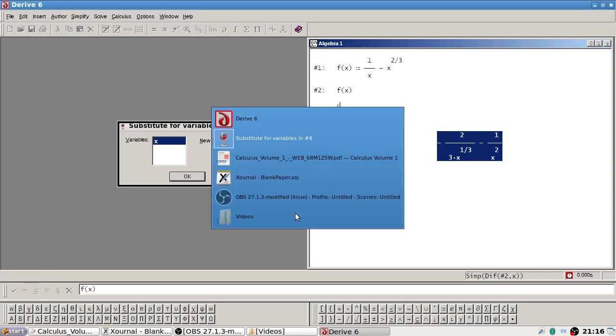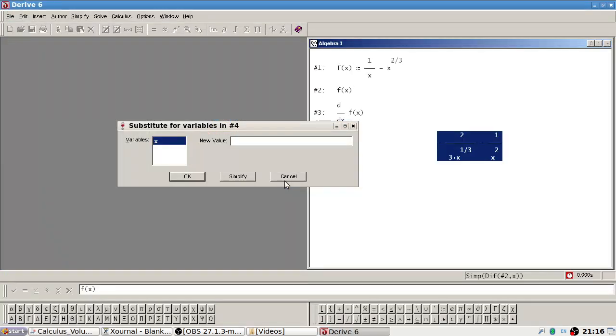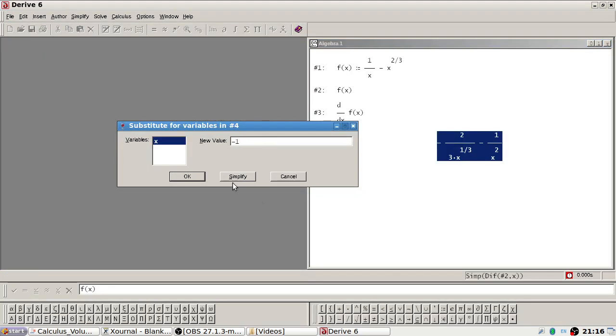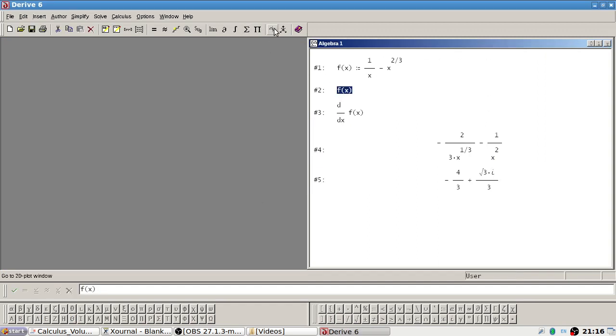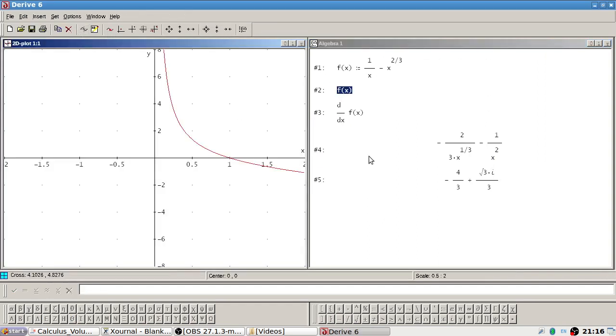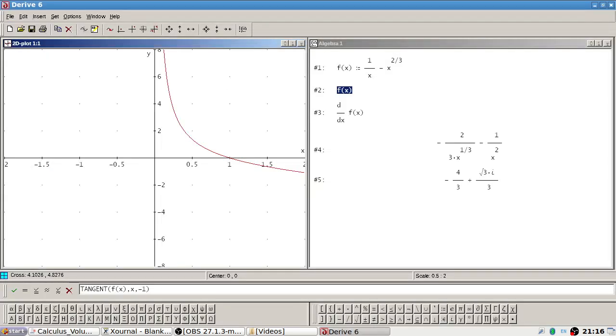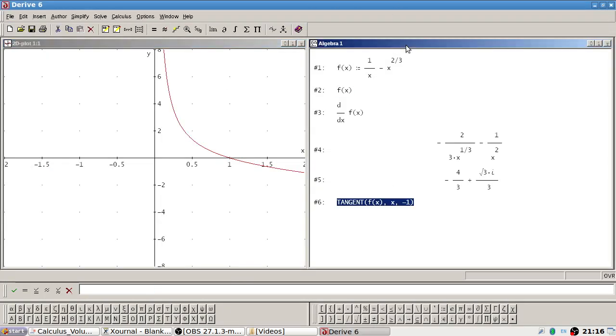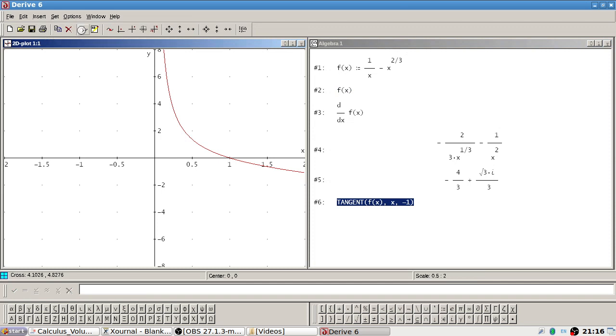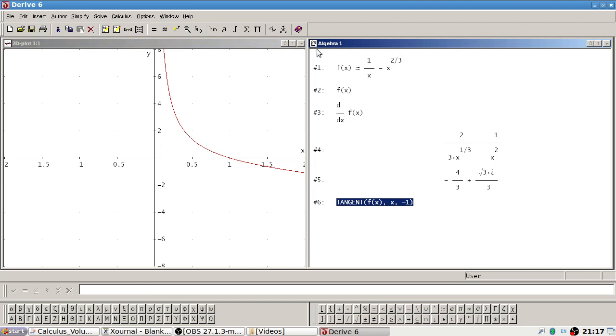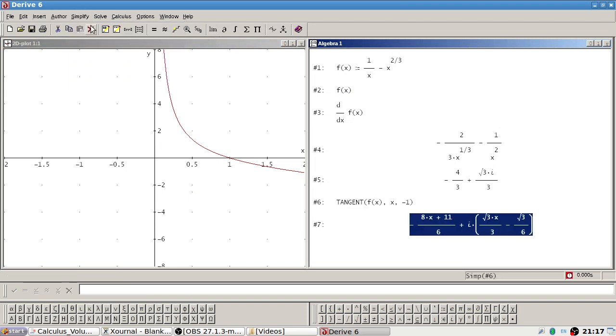Then we want x is minus 1. Okay, and we'll graph and we'll tangent. And what was the point? Minus 1. Oh, I should calculate.